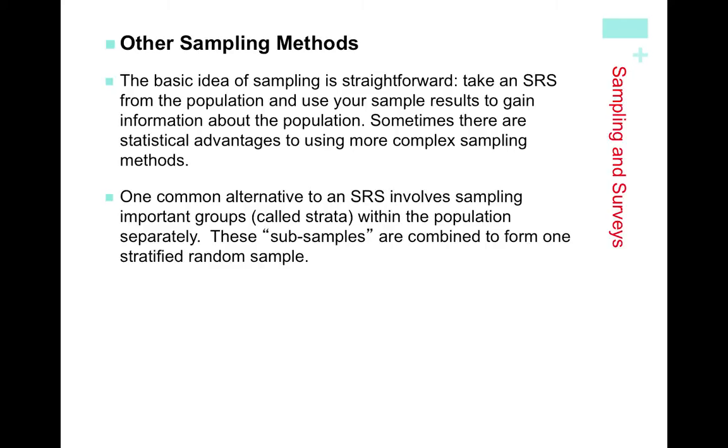Okay, so let's talk about a few other kinds of sampling methods. So the basic idea of sampling is pretty straightforward. Take an SRS of the population and use your sample results to gain information about the population. Unfortunately, it's difficult to get an SRS from a population sometimes.